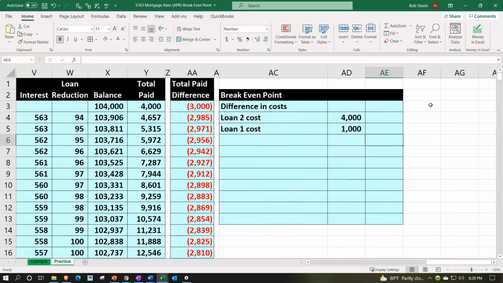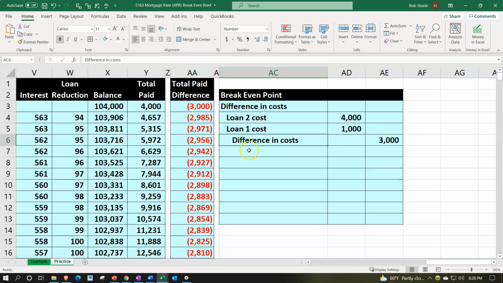So the difference is the $4,000 minus the $1,000, or $3,000. This is the difference in cost. That's what they charged us over and above the amount we needed to finance the home, and they tacked it on to the loan.